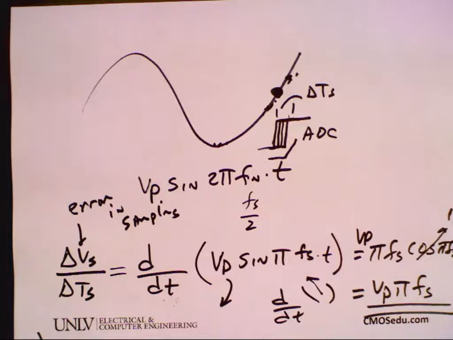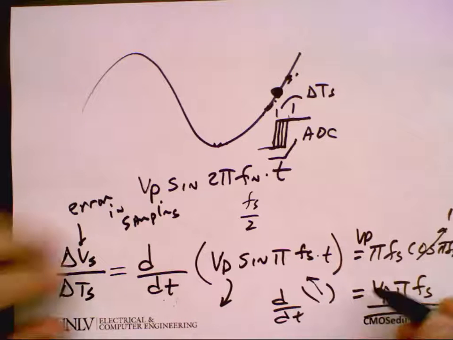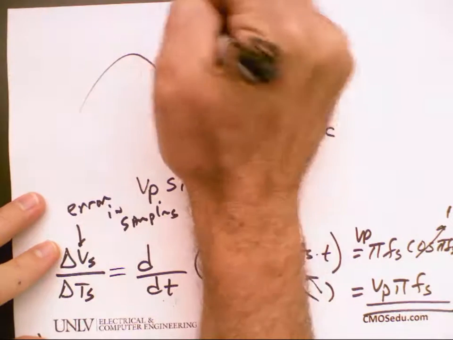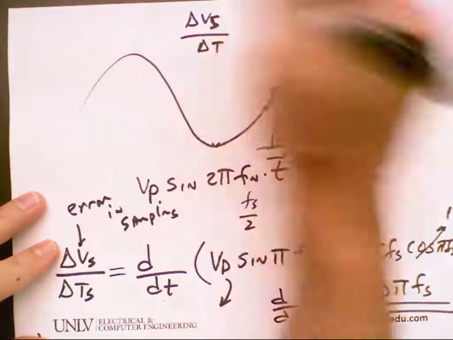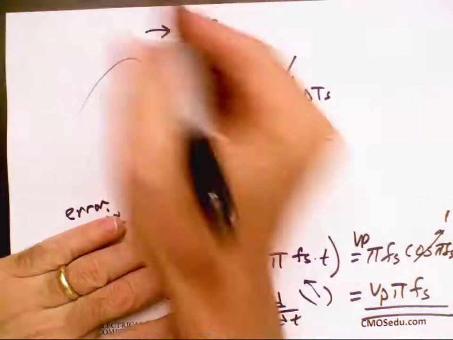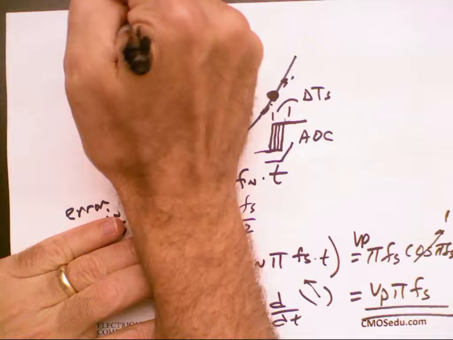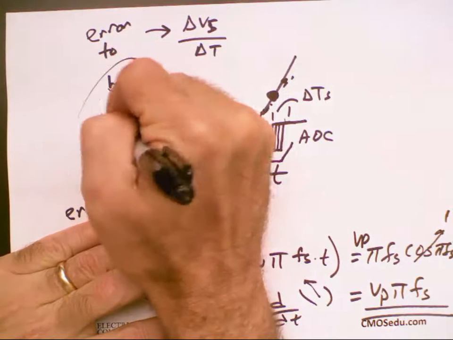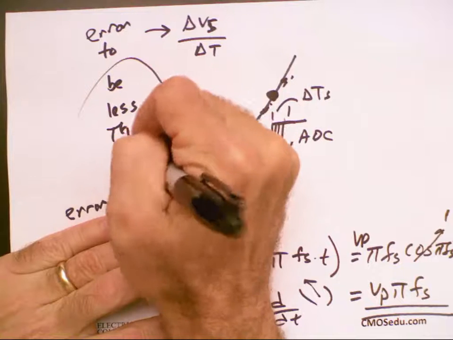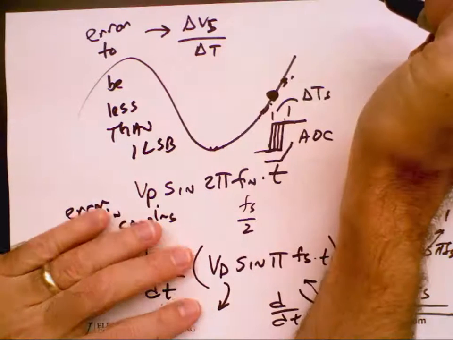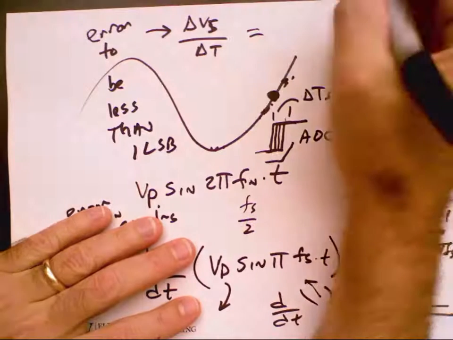If we want the error, I'm going to go up here. I want this del Vs, del T to be less than 1 LSB, so I want my error to be less than 1 LSB. So how do I write del Vs, the error in the sampling?